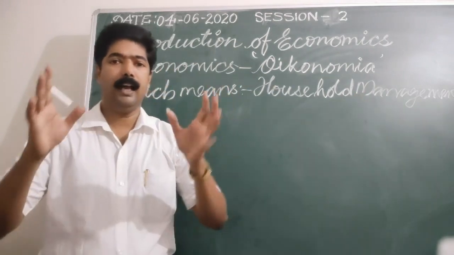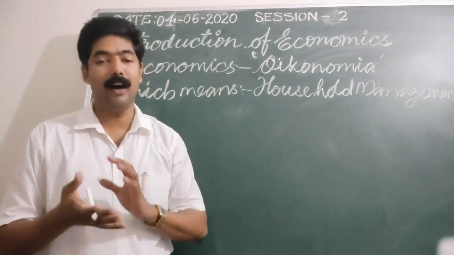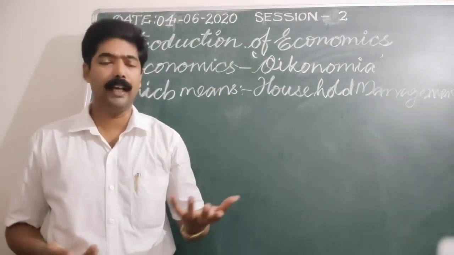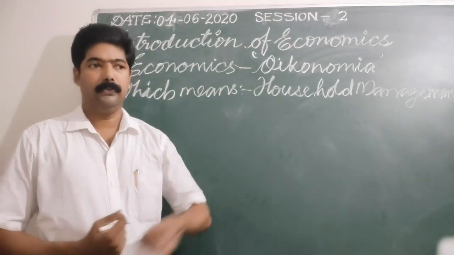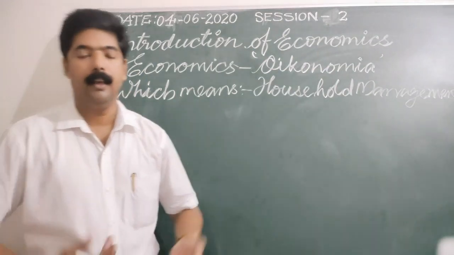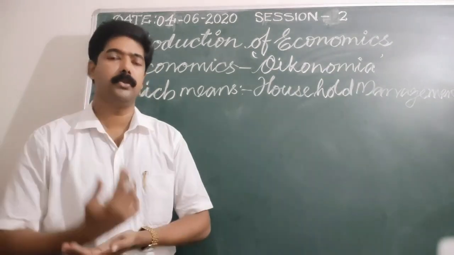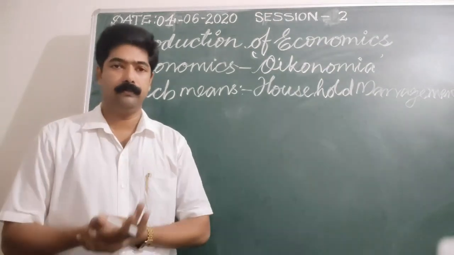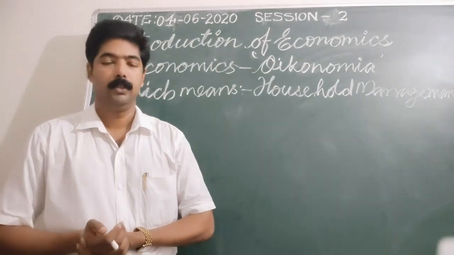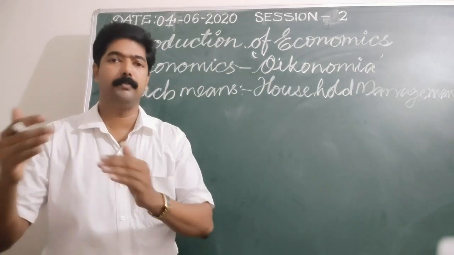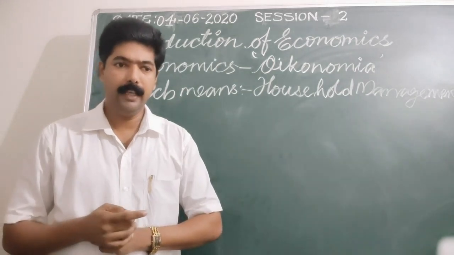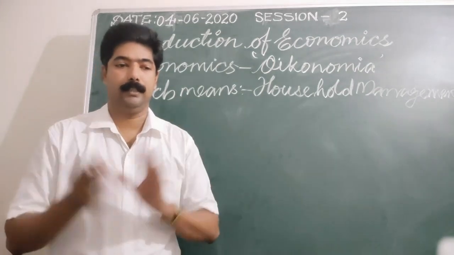and the subject has a father. Like we know the father of history, the father of Indian literature, economics also has a father of the subject. Who is the father of economics? Who is known as the father of the subject economics? Okay, it is Adam Smith.